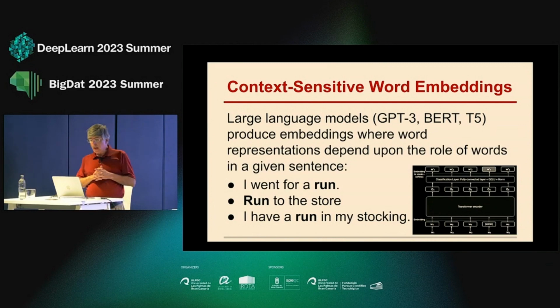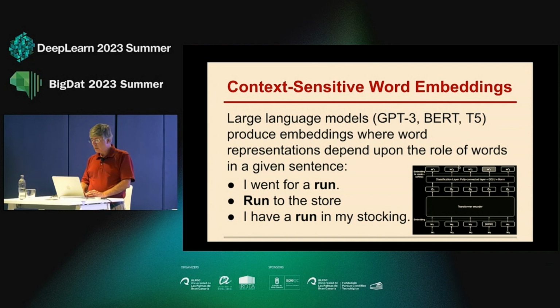So modern language models do other things to try to make better word embeddings. These language models, like GPT-3 or GPT-4 or BERT or T5, are not simple neural networks, but very complicated neural networks, where on the bottom you feed it the characters of the sentence, and it munches through it, and it produces, again, a vector for every word in the sentence.